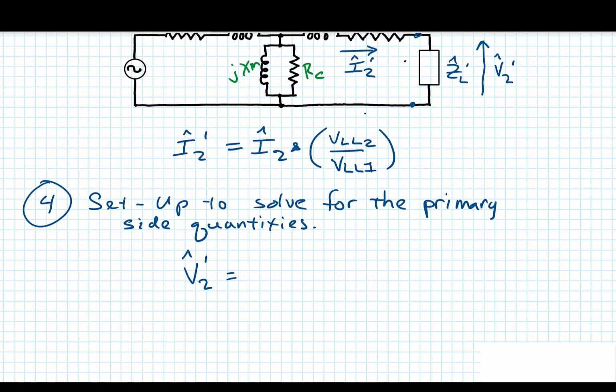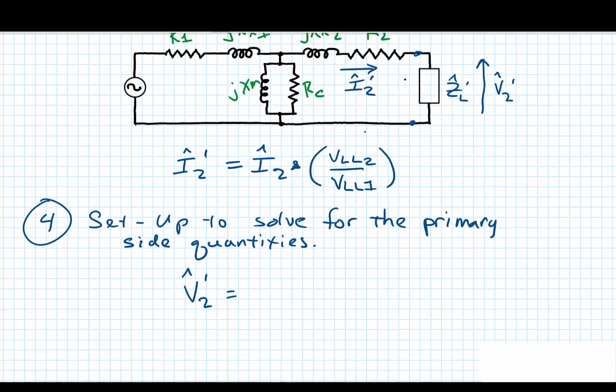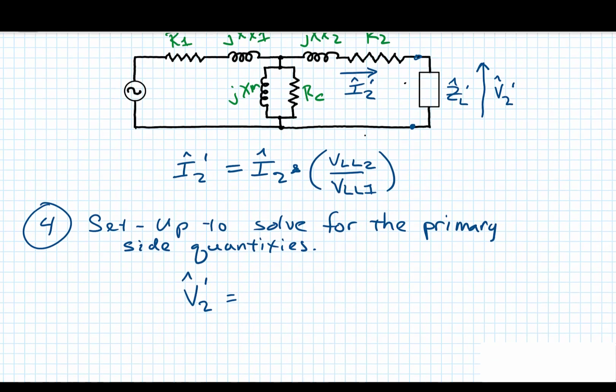It's going to be equal, because I've defined the power factor at the load, and it's right at the terminals of the transformer. That may not be the case, and we have to always pay attention to that. But V2 prime is going to be the given line-to-line voltage at the secondary, at the load side, divided by square root of 3, but then I have to move it to the other side of the transformer by the transformer voltage ratio, which is V line-to-line 1 over V line-to-line 2.